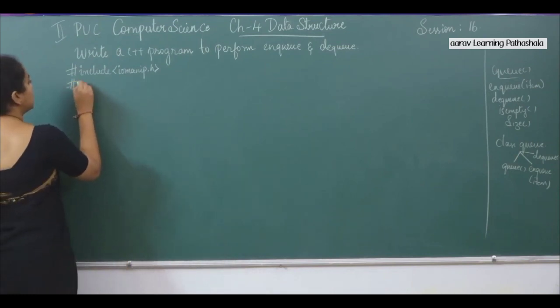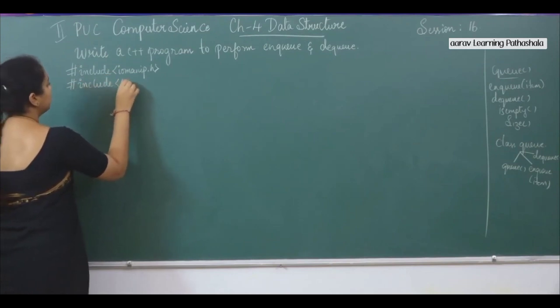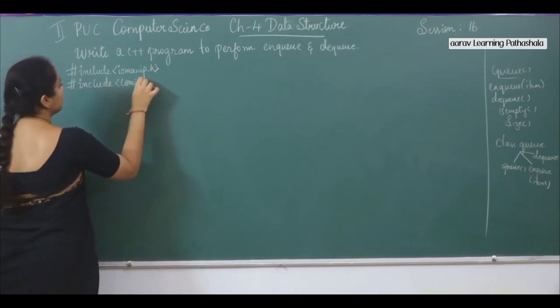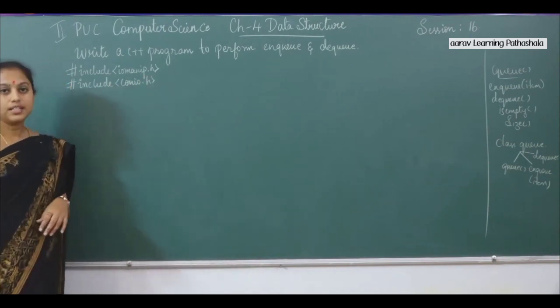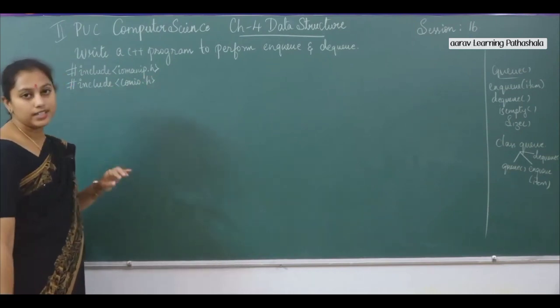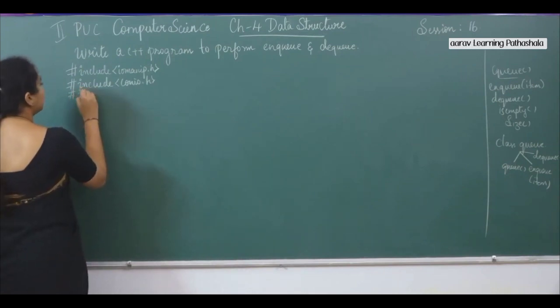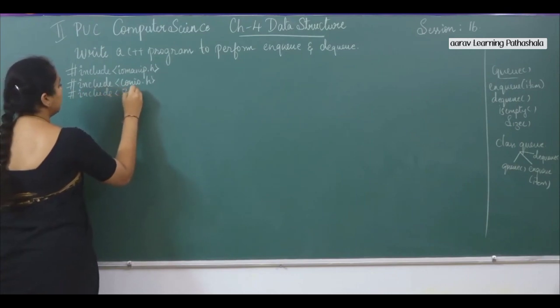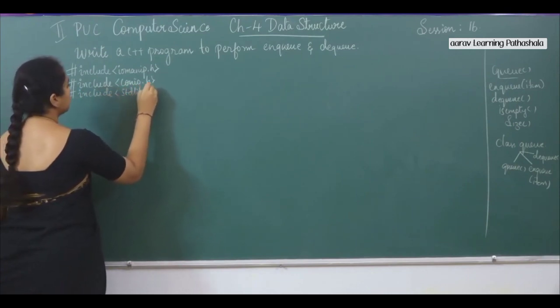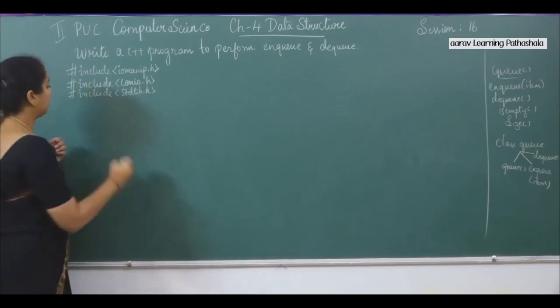And the next header file is #include conio.h, which contains basic functions required for our C++ program like clrscr and getch. And the next header file is #include stdlib.h. This header file is used to allocate and deallocate the memory.